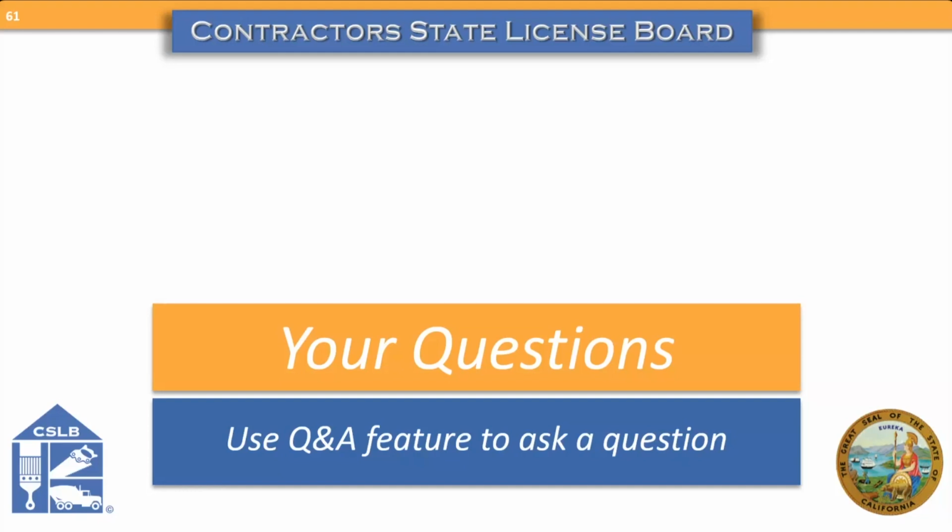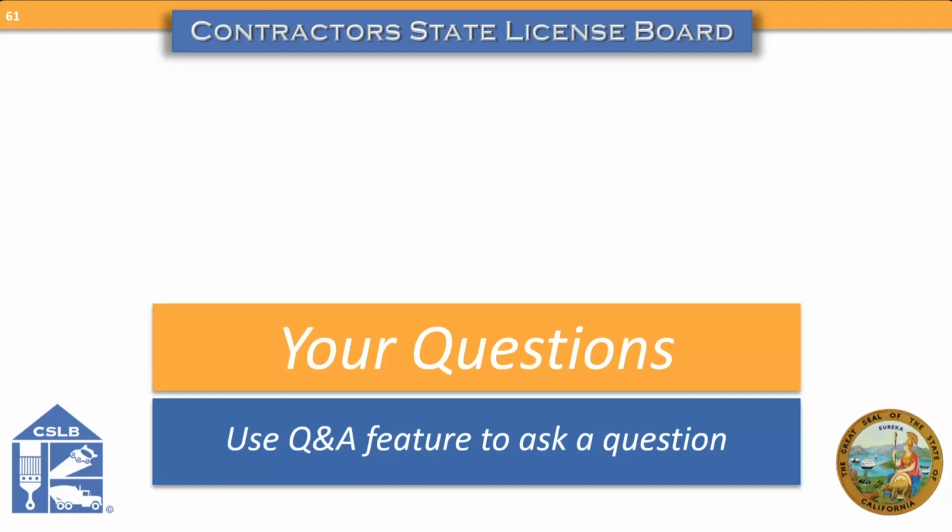Okay, so I do see one, and it is, hi, could you please tell more about surety bond? We would need you to be a little more specific about that. I'm trying to understand your question.